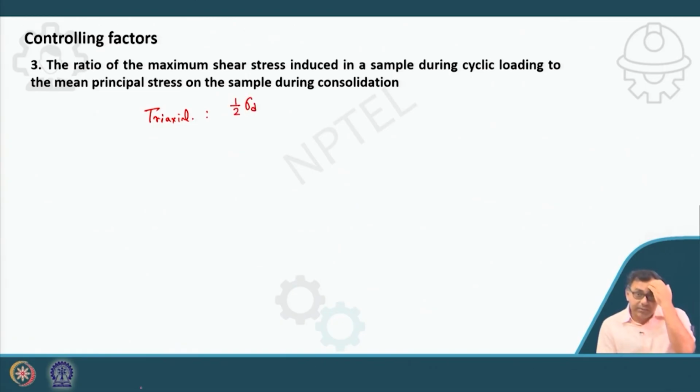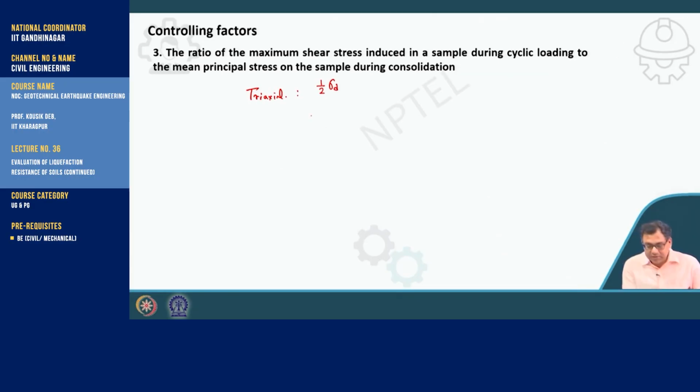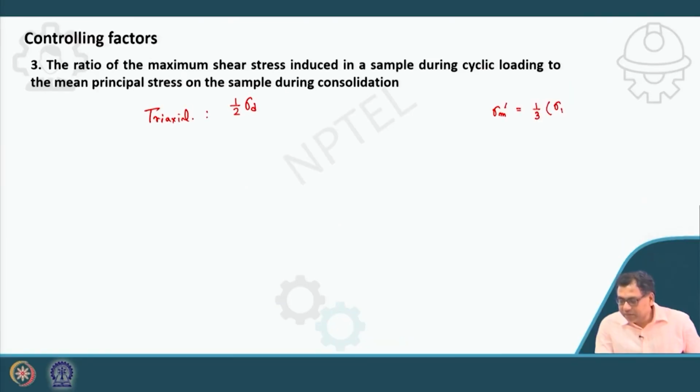And what is the mean principal stress during consolidation? So the mean principal stress, sigma m bar, is equal to 1 by 3 times sigma 1 dash plus sigma 2 dash plus sigma 3 dash.